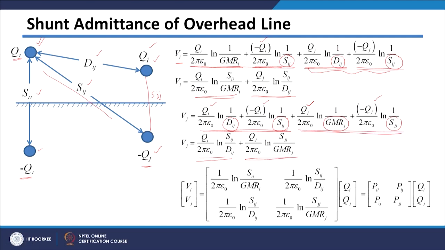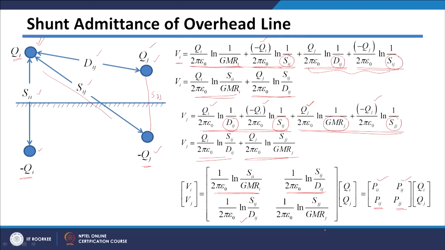Basically, in short form, I can write this equation in matrix form like this, where this term I am calling Pii, which I have written here, this term I am calling Pij, this term is the same, so it again becomes Pij, and this is Pjj.